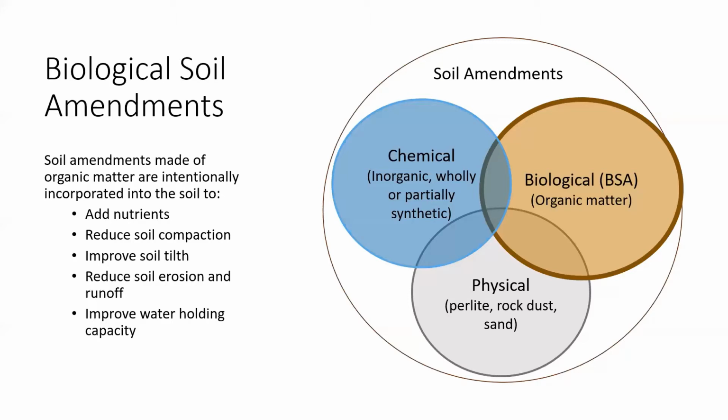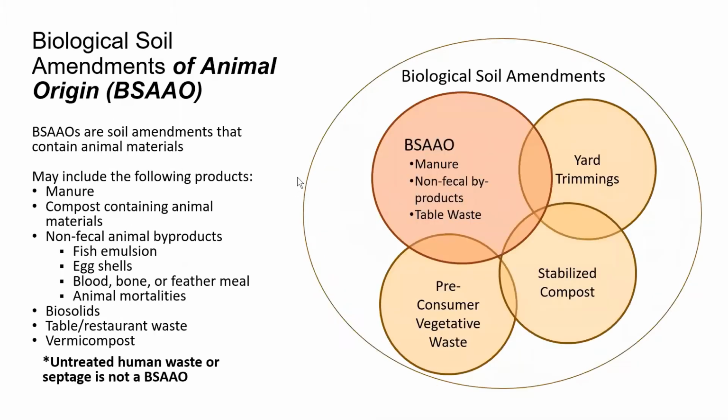Lots of soil health interest in our current era, very important, and also very important for carbon sequestration. These add nutrients, they reduce soil compaction, improve tilth, reduce soil erosion runoff, improve water holding capacity, all the things we need in soil health. However, the biological soil amendments are a potential source of foodborne illness in humans, so hence the focus today.